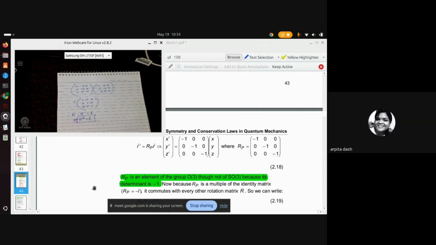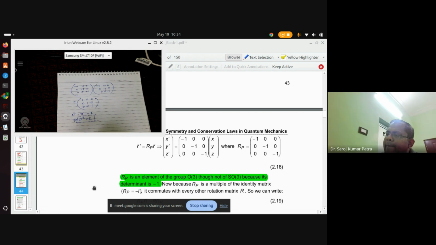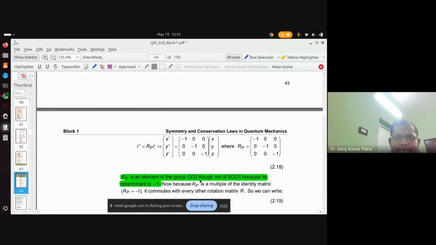Yes, sir. So R P is an element of the group O3, though not of SO3, because the determinant is minus 1 in this case.